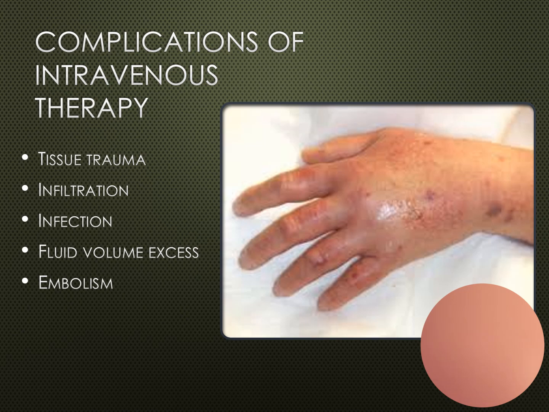If symptoms of fluid volume excess do occur, slow down the infusion rate, elevate their head, and then notify the provider. Do they want you to continue the infusion at a slower rate? Do they want you to discontinue the infusion, etc.? That's the provider's decision. So slow it down and contact the provider.